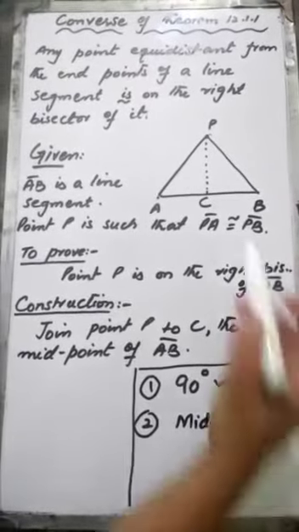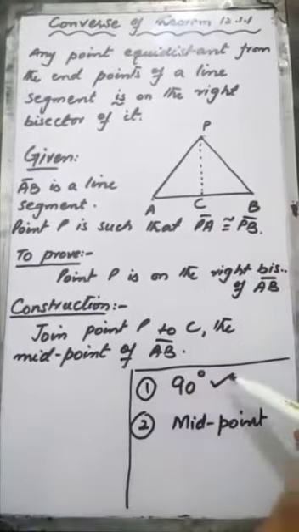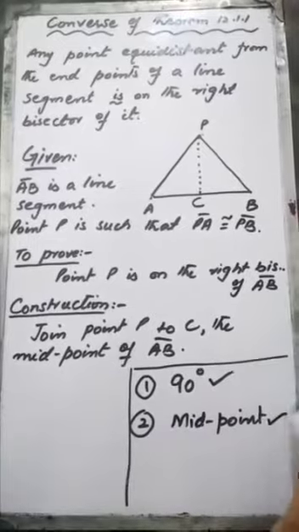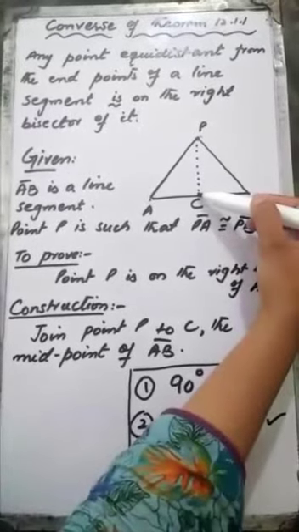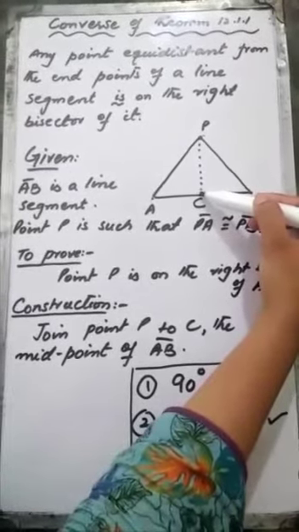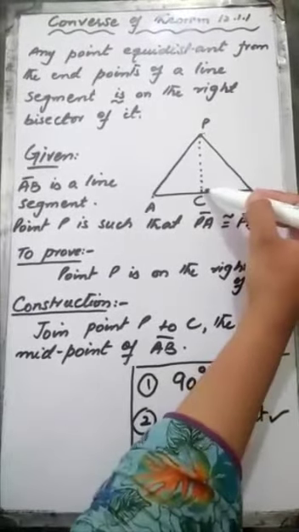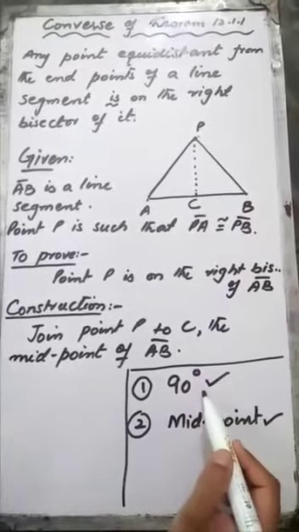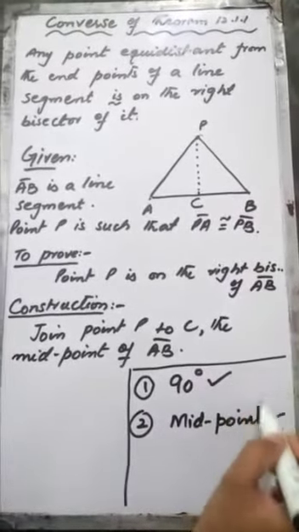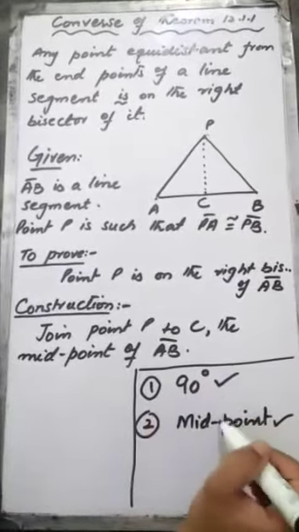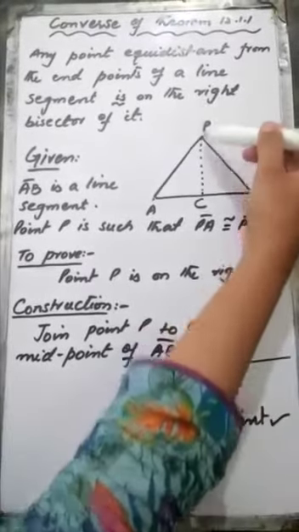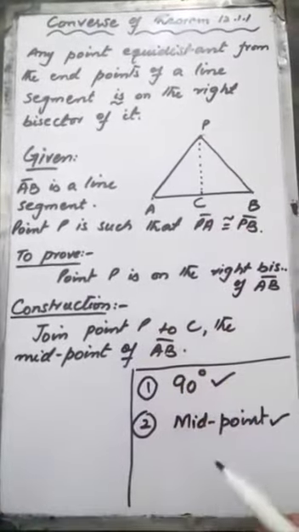Number one, the angle at point C is of 90 degrees, and number two, C is the midpoint. So C we have already taken in construction as a midpoint. Now we will prove that the angle at C is of 90 degrees. Then we will combine these two points, and we will say that this point P is on the right bisector of this line segment AB.